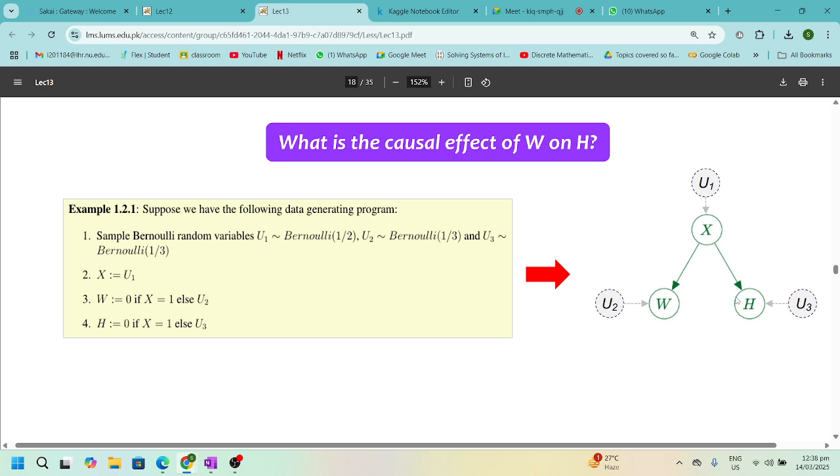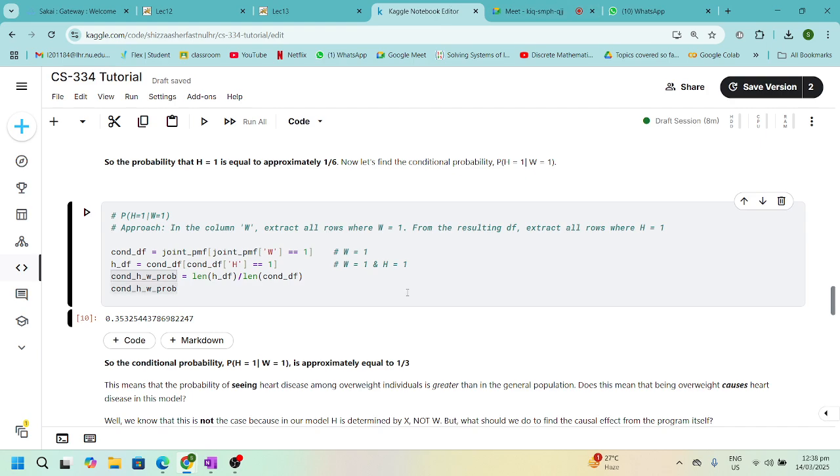We know that X is impacting the value of W as well as the value of H. So right now, I know that the impact that I am observing from W to H is because of X. It is not possible to have the probability increase when I am conditioning on W, because वो जो आपकी एज की वैल्यू है वो W से जनरेट हो ही नहीं रही. The age value is being generated using X.